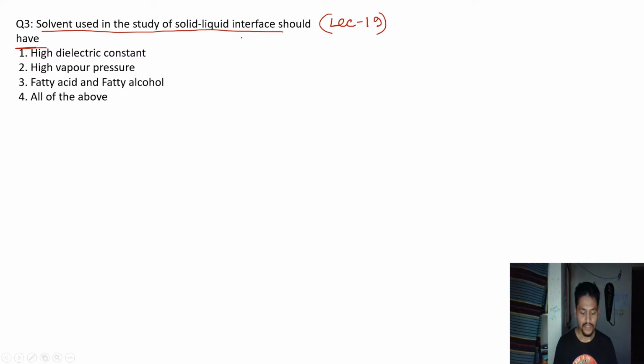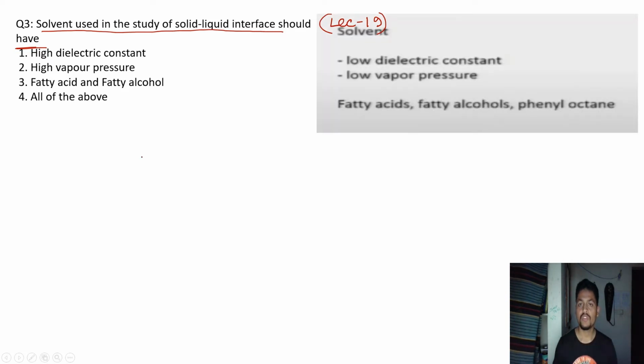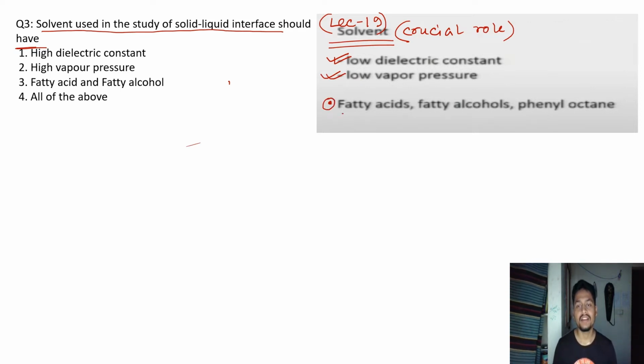In case of the solid liquid interface, the solvent is playing a very crucial role, right? And that solvent needs to have low dielectric constant and low vapor pressure. Normally in this course, we use fatty acids and fatty alcohols or phenyl octane to get the solid liquid interface, right?